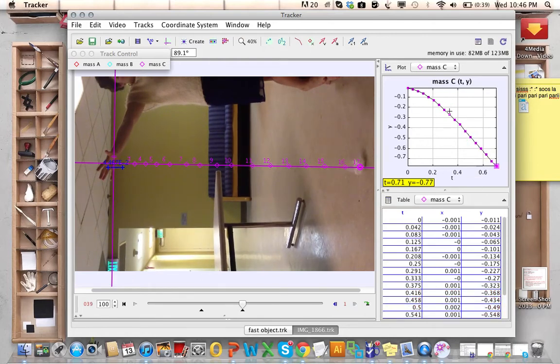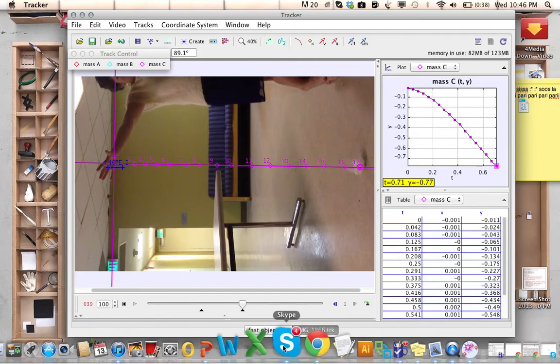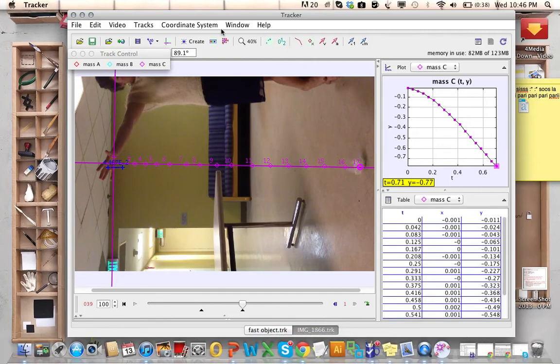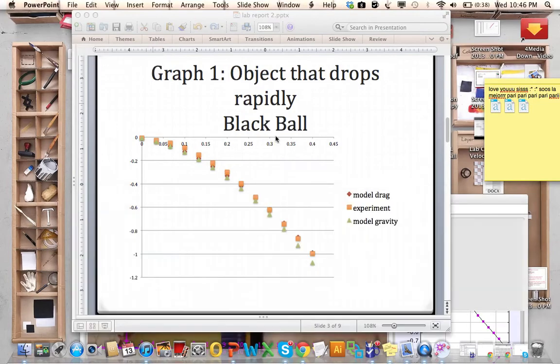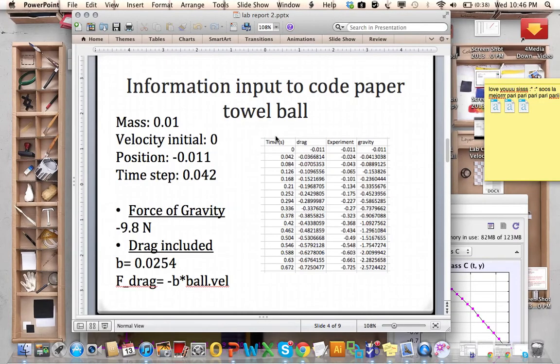It's still parabolic, but a lot less than our fast moving object. So we also took the data and plotted it in Excel and also in our PowerPoint. It's right here.